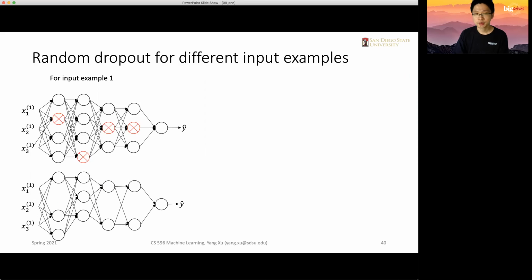But to drop out some unit doesn't mean that we delete them permanently. We still keep a backup, like we still have the information about where they ought to be in the complete network. We remember their original positions, their original connections to the previous layer and the next layer. So we keep that information. We just kind of disable them.